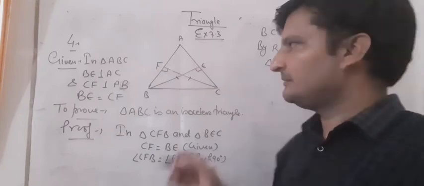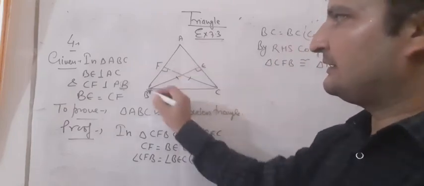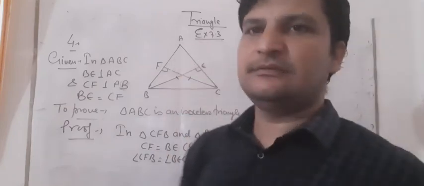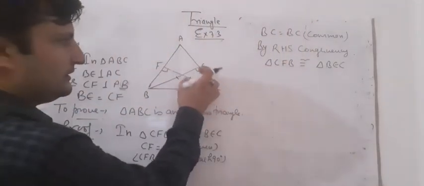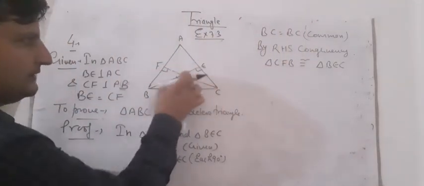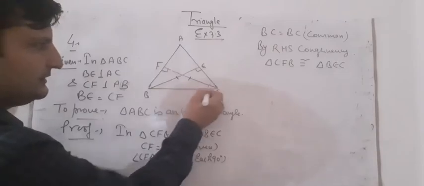Or what else can we do here? Two angles equal. So this angle should be equal to this angle. Because we have taken this angle in this triangle and this triangle, this is equal to this.